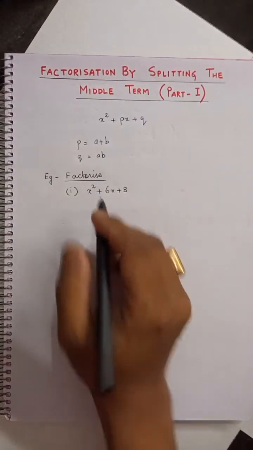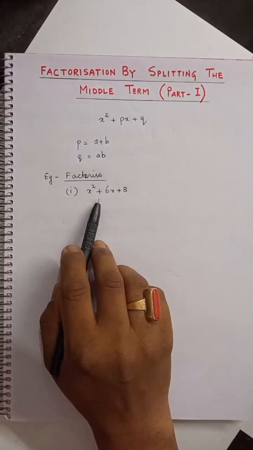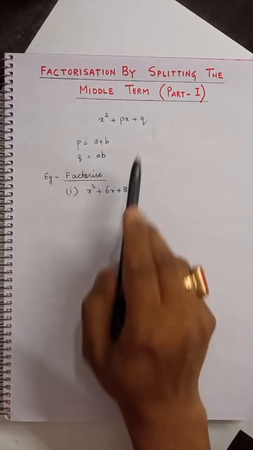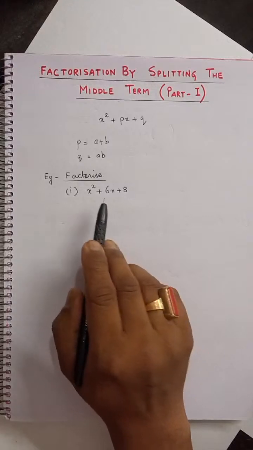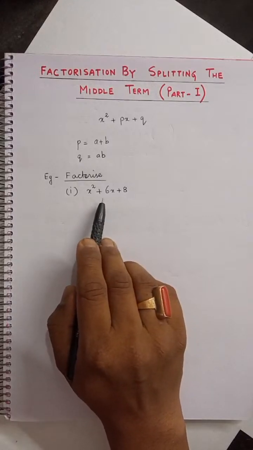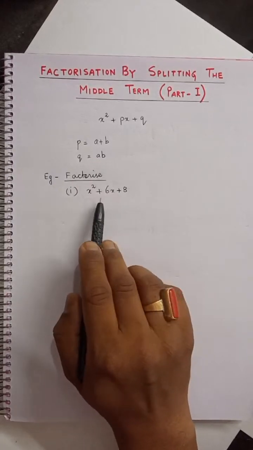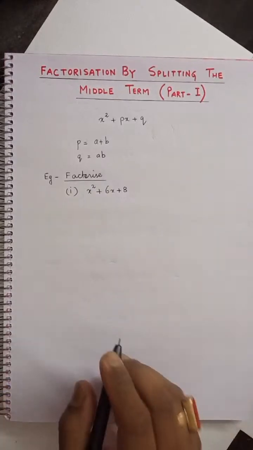So we have our expression x square plus 6x plus 8. Like we said, we have to split this 6. So we have to find two numbers such that their sum is 6 and their product is 8. How are we going to do that?